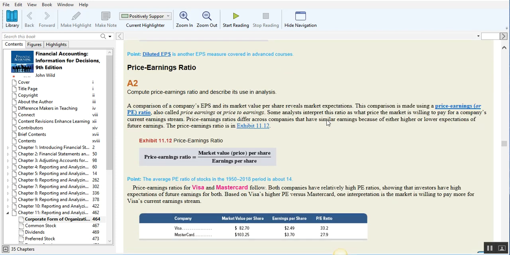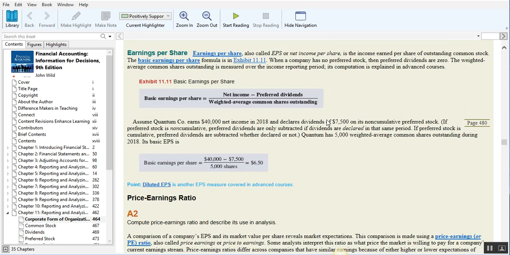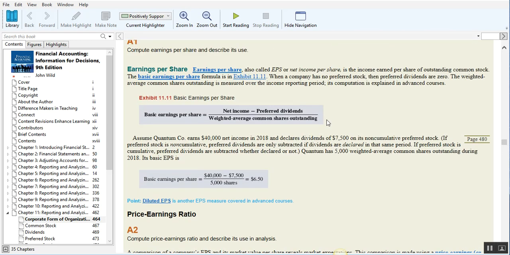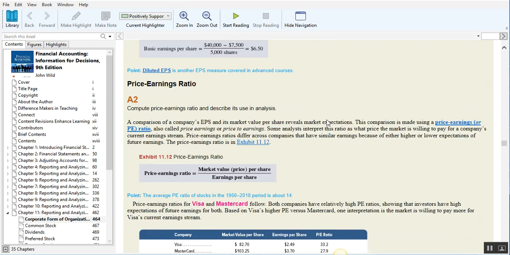Okay, price earnings ratio. We've talked about this some, and the earnings per share. Earnings per share are simply the net income divided by the weighted average common shares outstanding. And the price earnings ratio is the market value divided by earnings per share. Take the market value on top, divide that by earnings per share.